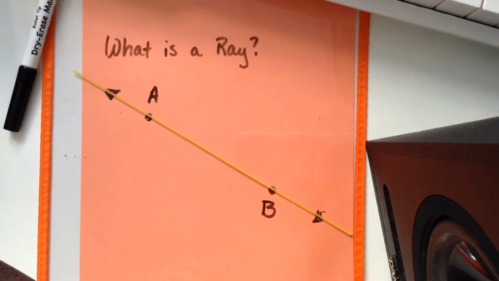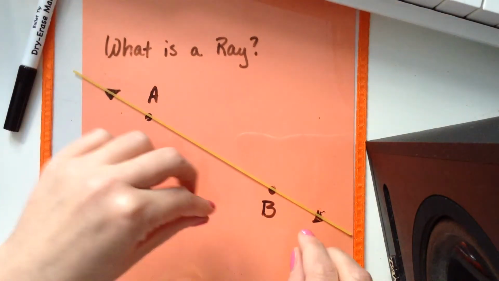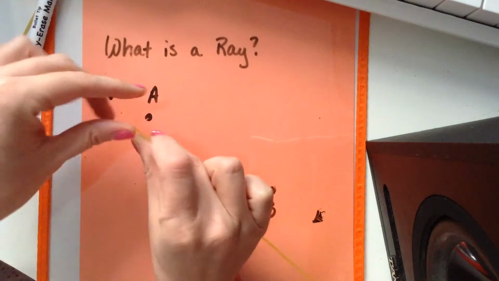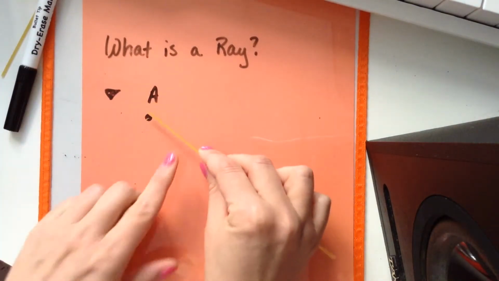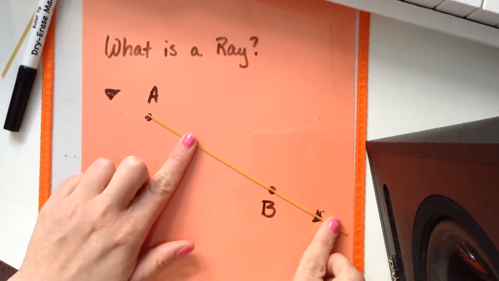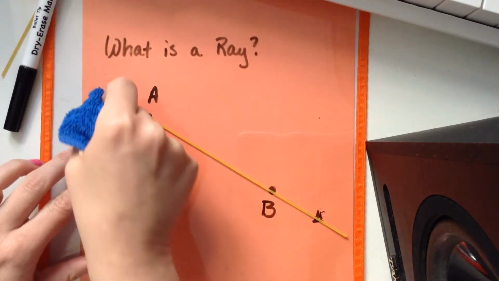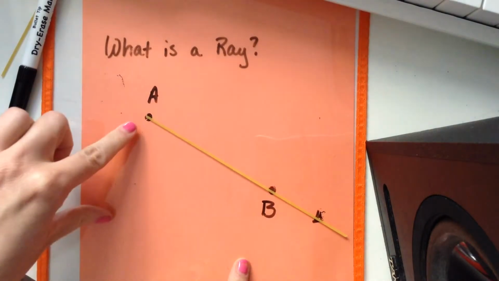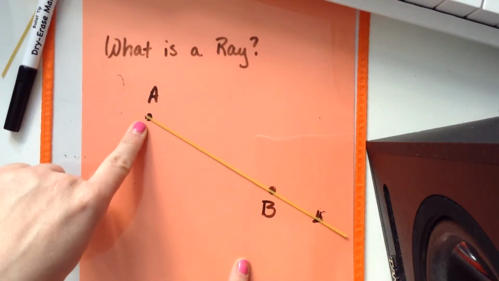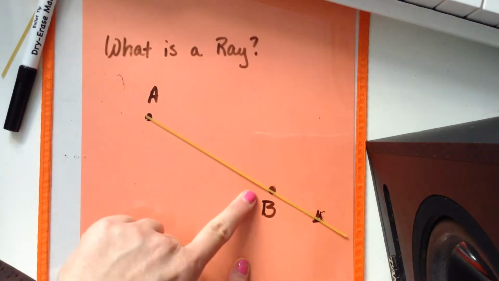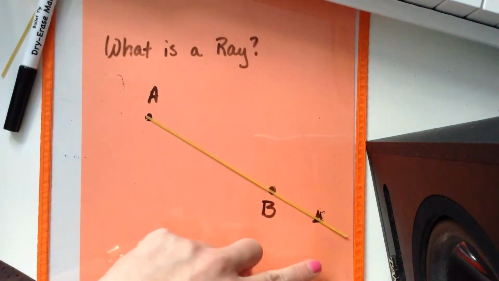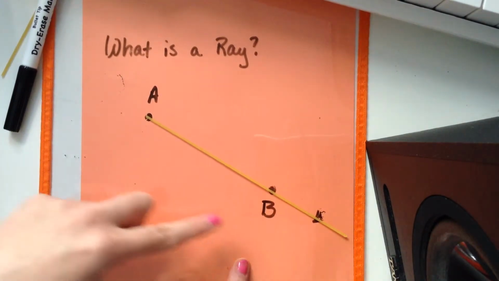Now when you talk about a ray, let's say we're going to break off this end of the spaghetti, and I'm going to get rid of the arrow at that end. So what's the difference here? You have a point where it starts, and then the other point shows its direction. It's going this way, forever and ever, infinitely in this direction.